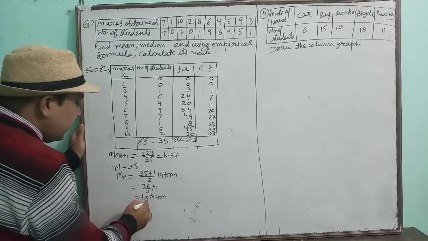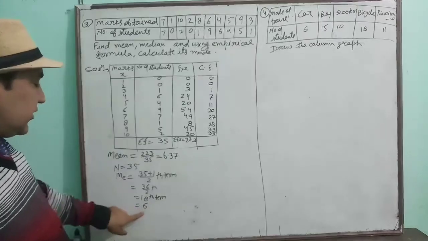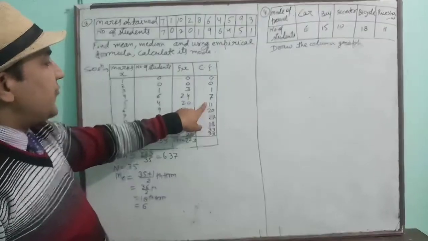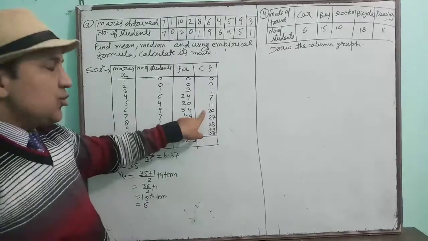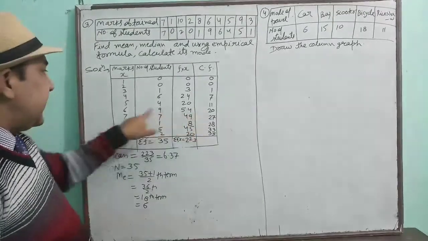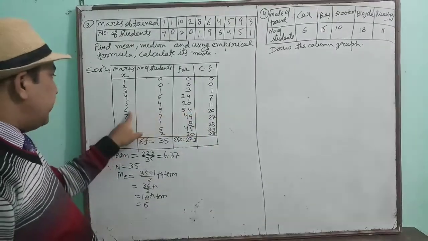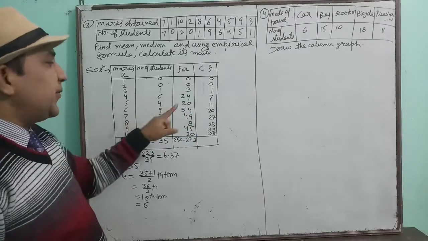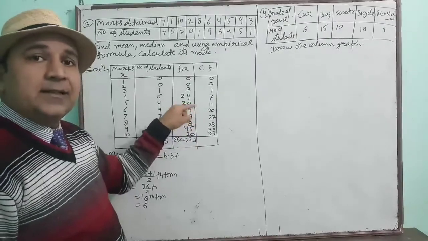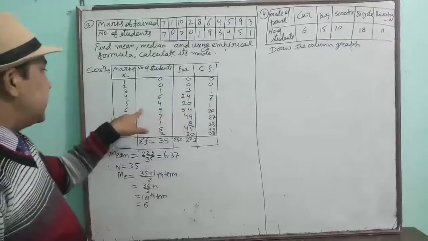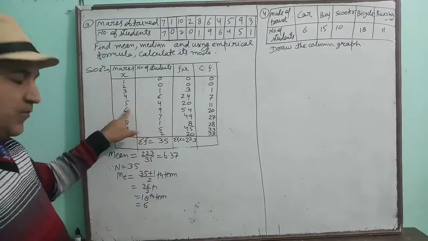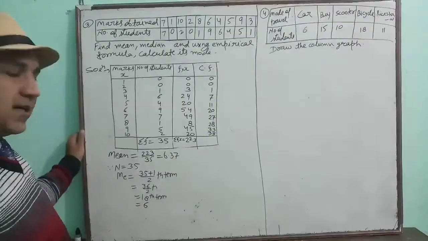Is this clear everyone? The 18th term is 6 because after 11, 20 is there. So the 12th term you have to take, that will also be 6. 13 will also be 6. 14, 15, 16, 17, 18, 19 and 20, all these terms will be 6. So the median is 6.